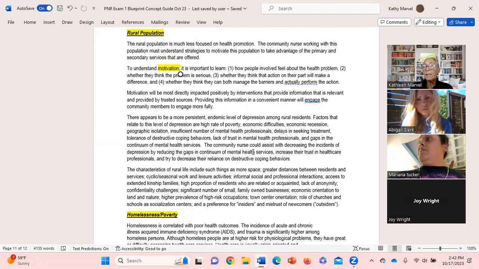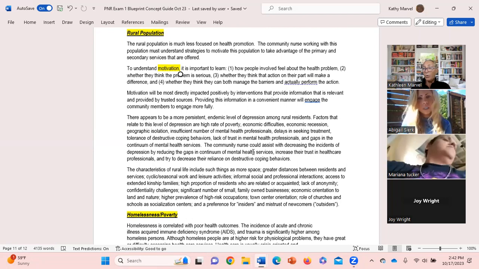If we did a screening and they have high blood pressure, and we can explain the dangers and long-term effects of high blood pressure, provide them information that helps them understand its seriousness, will they be more motivated to seek help?